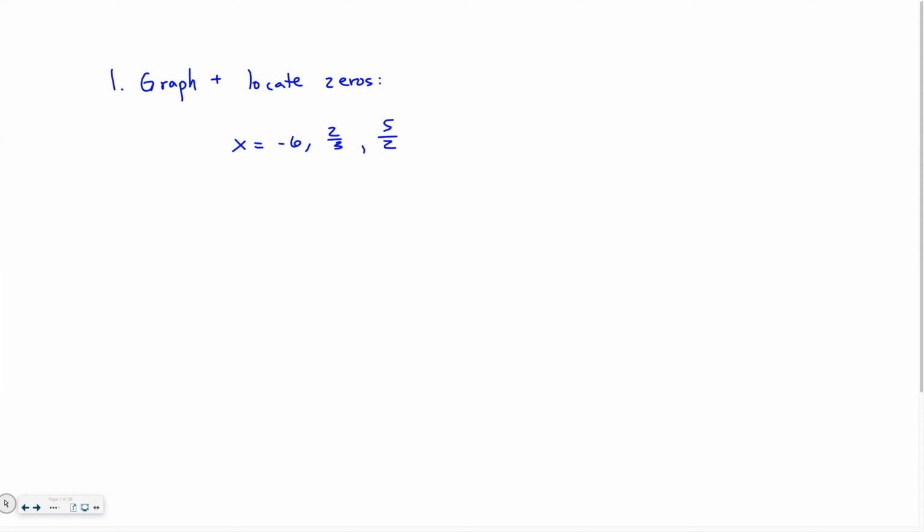Cool? Step 2, separate the zeros individually. So just find some space to write this down. I'm sorry, you might be limited, but I'm going to write this as x equals -6, x equals 2/3, and x equals 5/2.